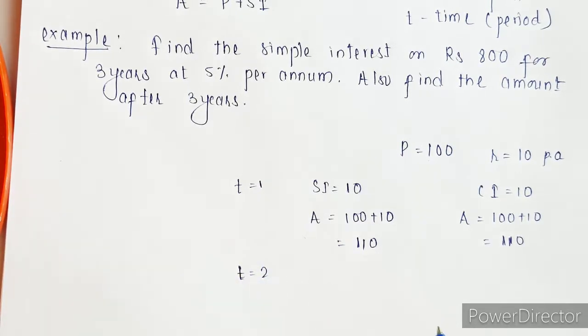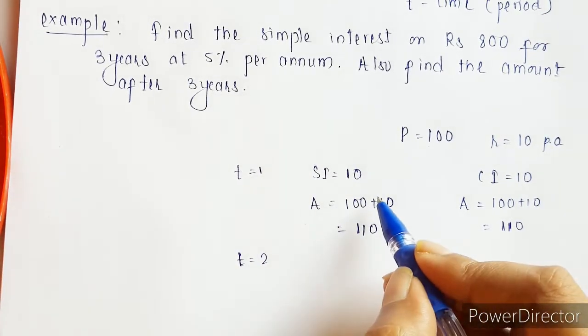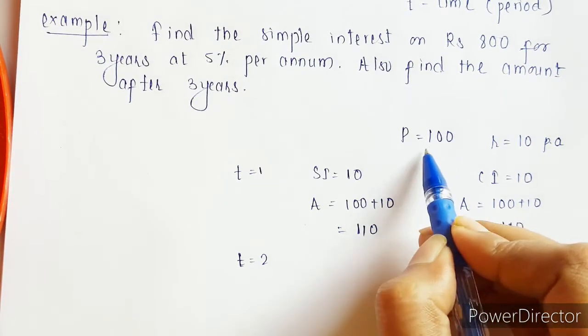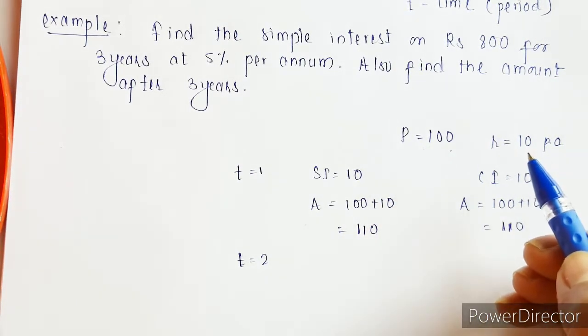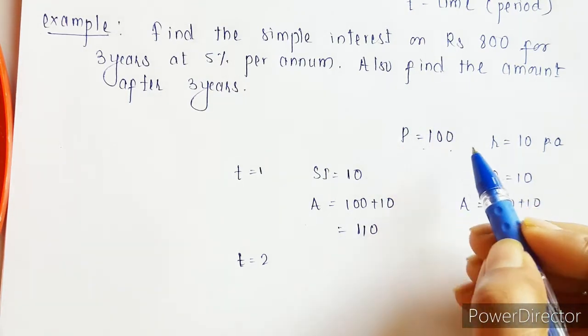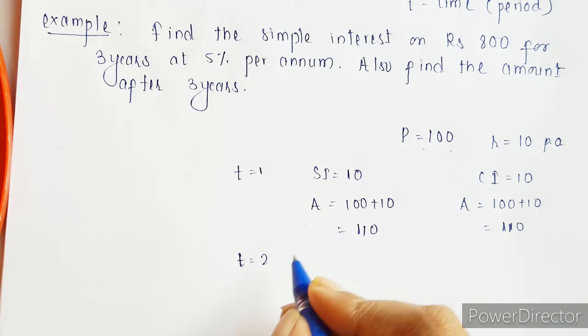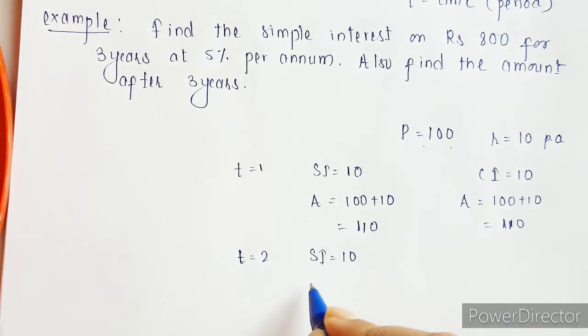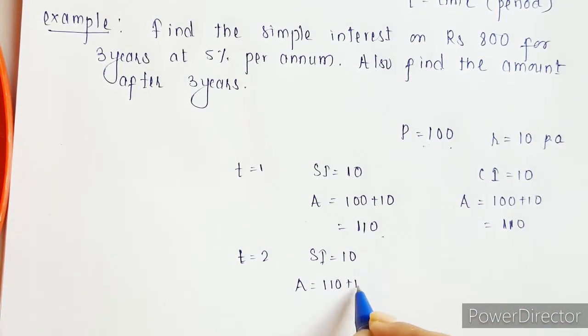Now at the end of second year, suppose you are going with simple interest, again the interest is calculated on the amount you have invested. So the interest again will be on this 100 rupees. In this case the interest will be 10 rupees, and already we had 110 rupees, so this will be 110 plus 10. Now at the end of second year we have 120 rupees.